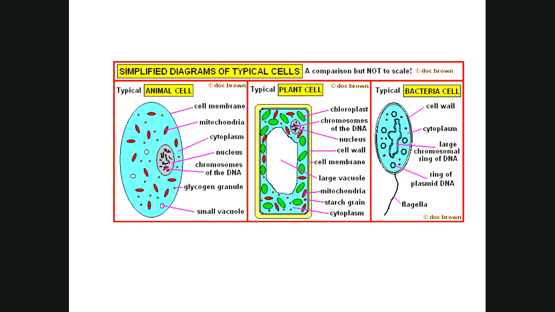It has cytoplasm, ribosomes, and the DNA. There are no other organelles present like in these cells. This is the most primitive and oldest cell. This is known as a bacterial cell. That's why we call it the prokaryotic cell.